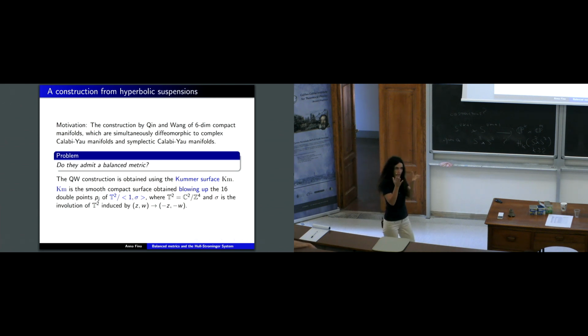What I mean by complex Calabi-Yau is just a complex manifold whose canonical bundle is holomorphically trivial, okay? But on the other hand, they were also diffeomorphic to symplectic Calabi-Yau. That means that the C1, the first Chern class associated to the almost complex structure compatible with the symplectic structure, vanishes.